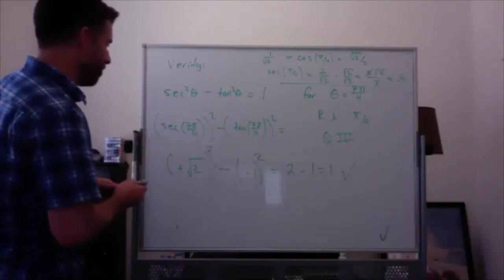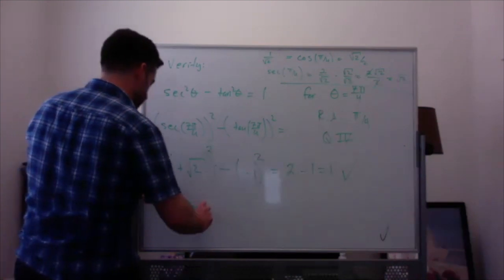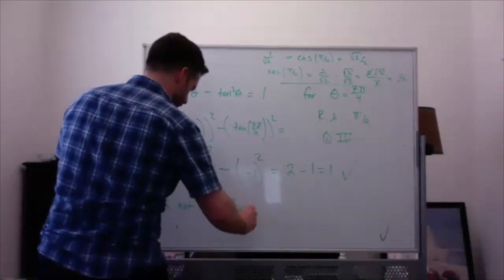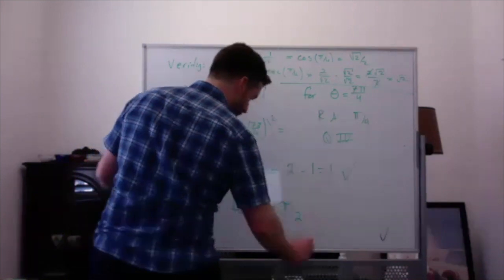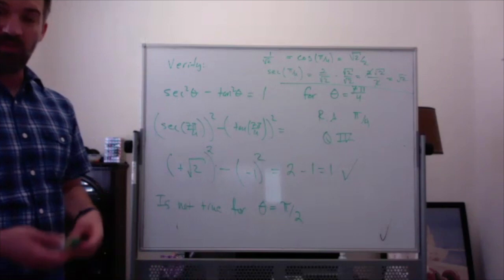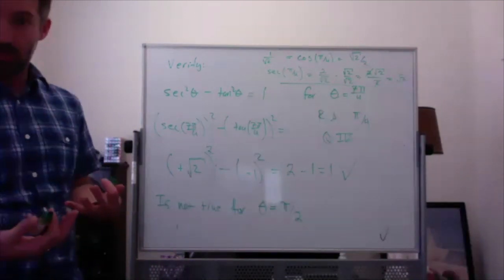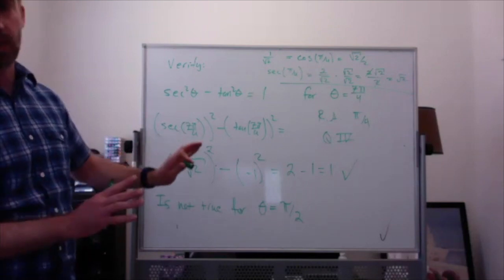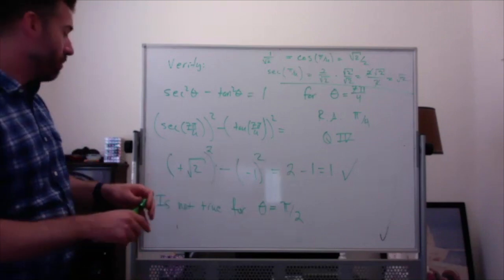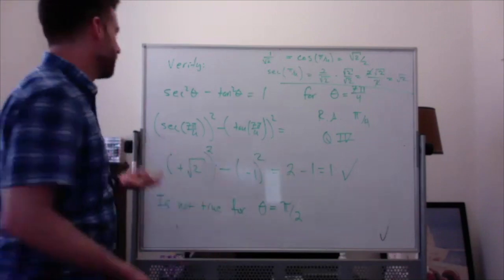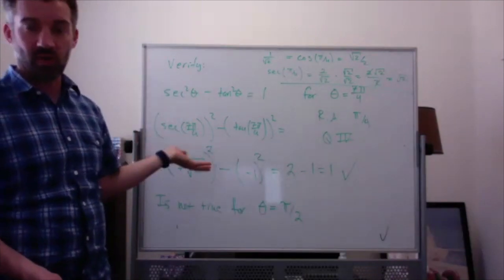So this is true always, but this, I would say this is not true for theta equal to pi over 2, for example. Because for pi over 2, secant and tangent both are undefined. This is not a big deal. If you forget what I say right now, it probably will never matter. But you should just be aware that this identity isn't true if the angles make the trig functions undefined.